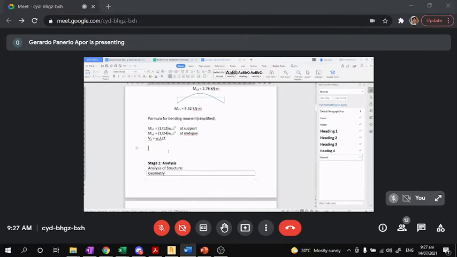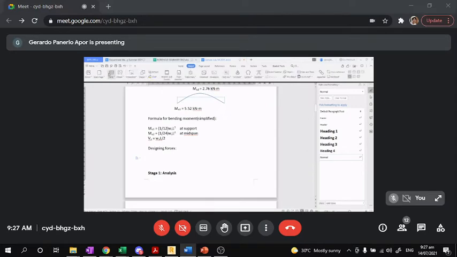So our design forces, I will make two. I will insert a table here.